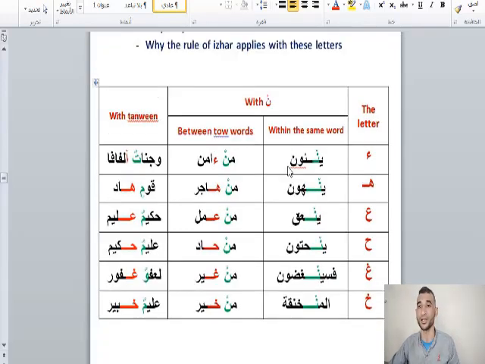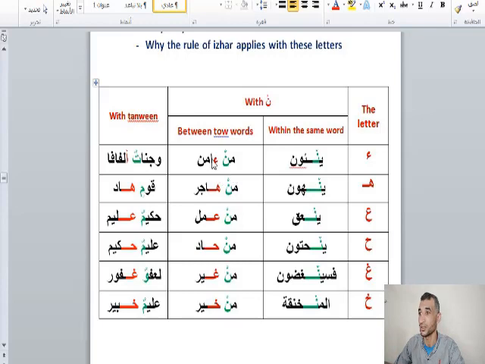How should I pronounce the consonant noon and the tanween if the letter after the consonant noon and tanween is one of these letters? Okay, so here in this table we can see in the first column from the right the letters of clearing, and then the letters of clearing after the consonant noon within the same word.